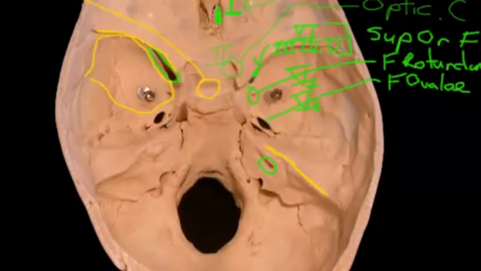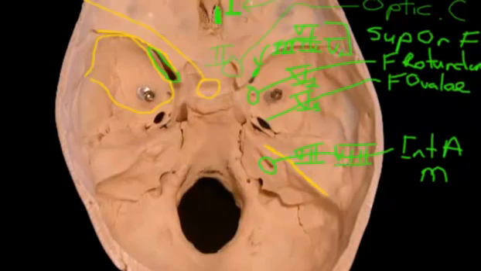And this foramen just here is called the internal auditory meatus. And that's where the 7th cranial nerve leaves, and also the 8th, through the internal auditory meatus.